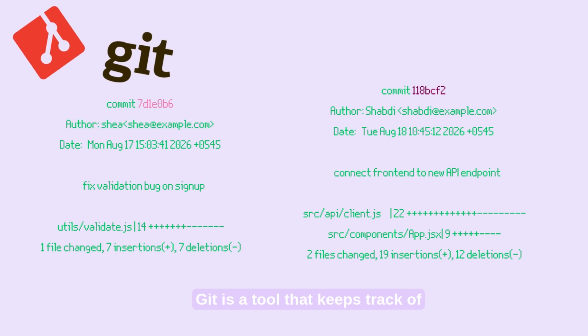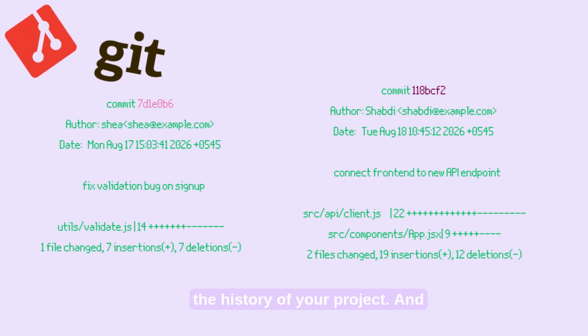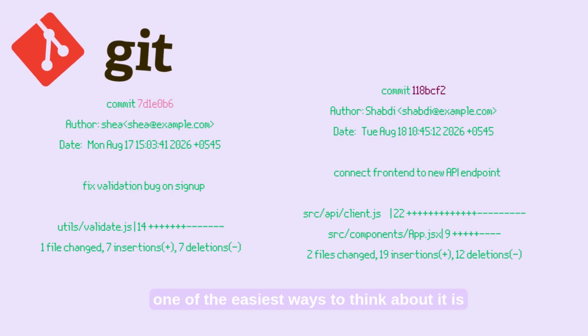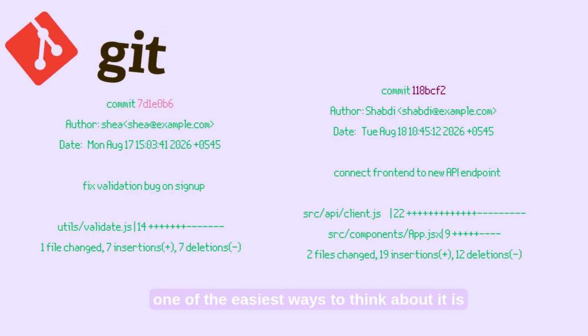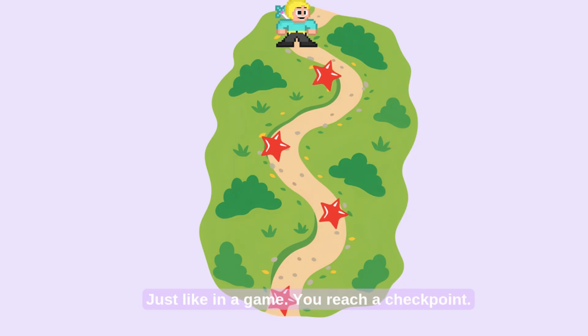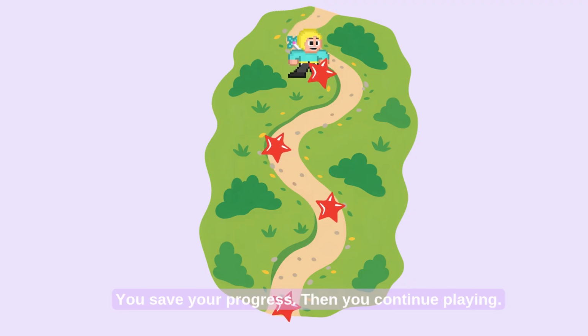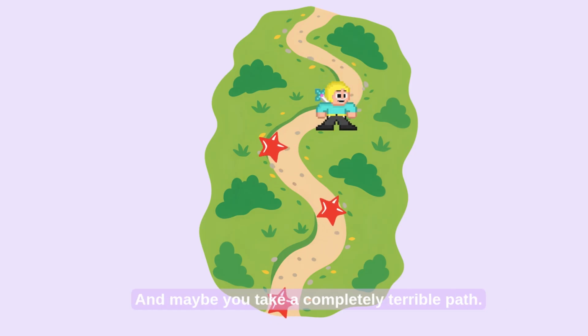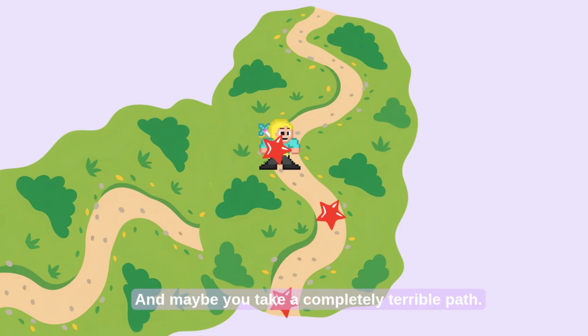Git is a tool that keeps track of the history of your project. And one of the easiest ways to think about it is Git gives your project checkpoints, just like in a game. You reach a checkpoint, you save your progress, then you continue playing, and maybe you take a completely terrible path.